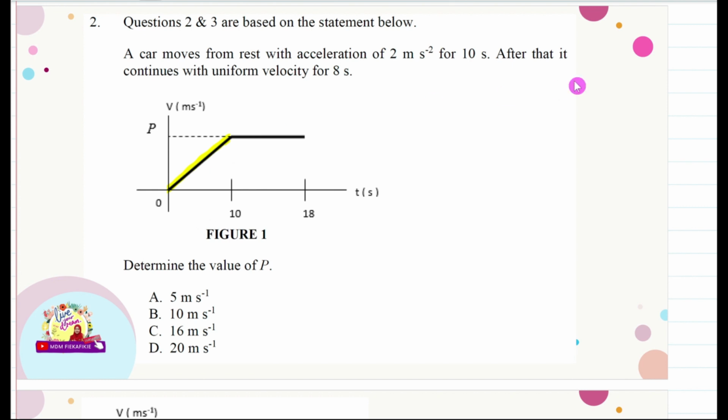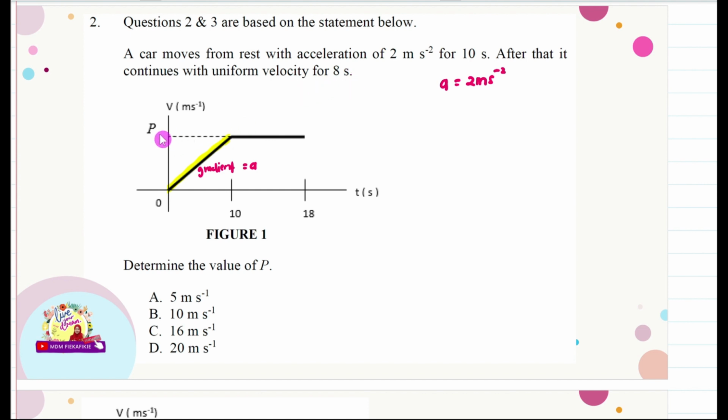Okay, so gradient of the graph is equal to acceleration, where the acceleration is given 2 meter per second squared. Okay, and then after that, the car continues with uniform velocity from 10 to 18 seconds, which is 8 seconds. So, the car is moving with uniform velocity for 8 seconds.